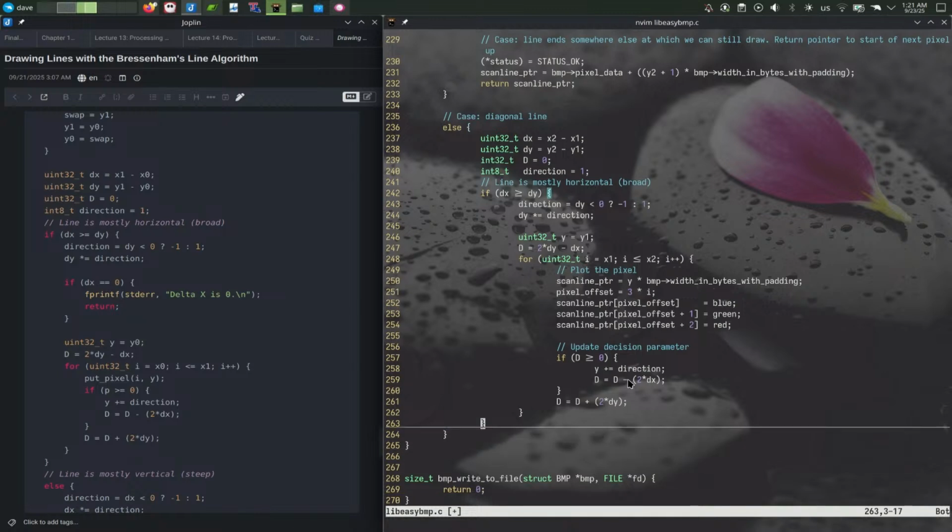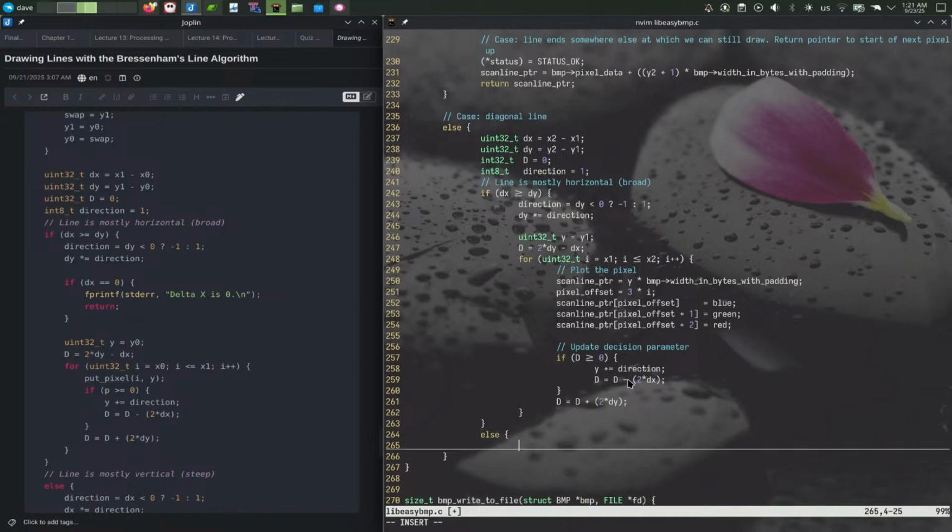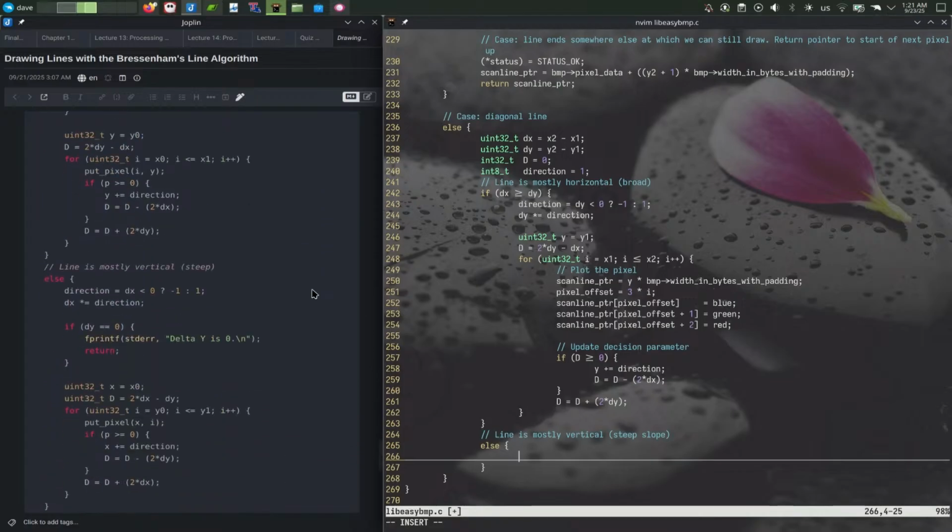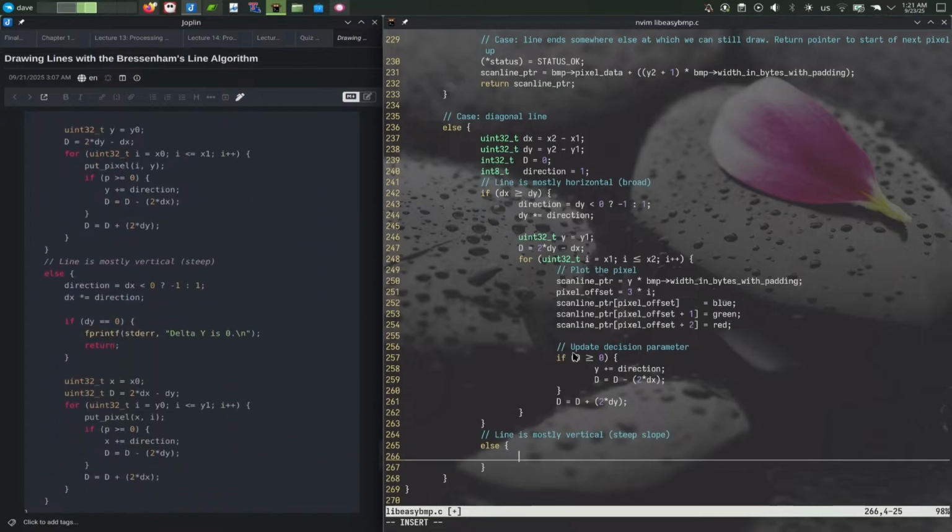And so otherwise, if we're not doing that, then we're dealing with a mostly vertical line, right? And it's basically just this logic, but using y instead of x, right? So, or sorry, I misspoke.